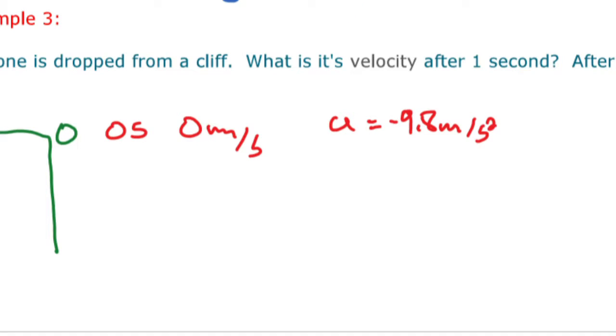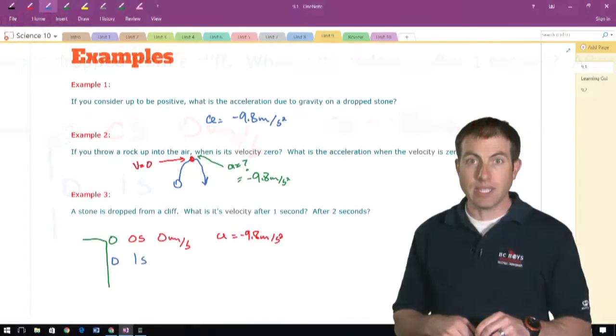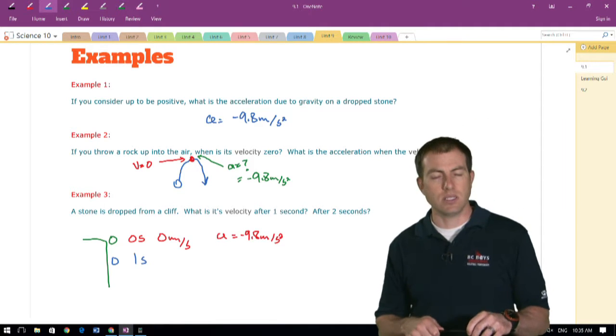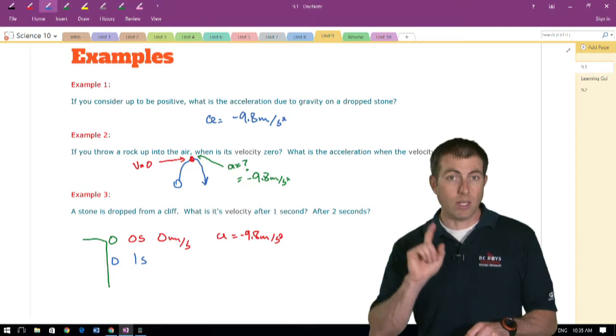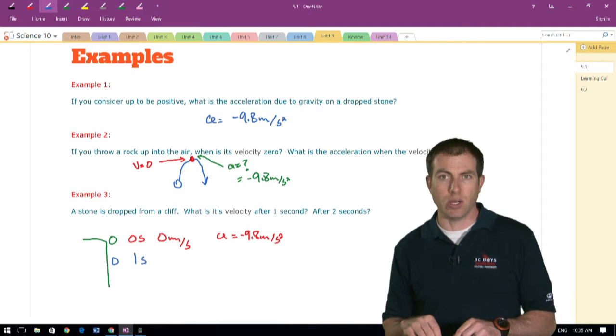All right, let's go 1 second later. My object should travel a little bit. How fast will it be going after 1 second? If every second the object's velocity changes, and its acceleration is negative 9.8, after 1 second, how fast should it be going?